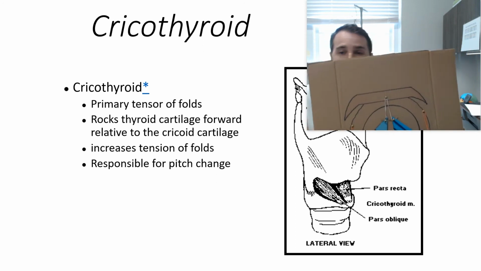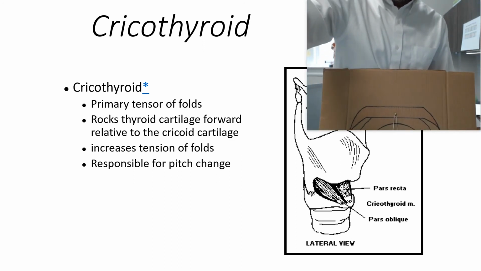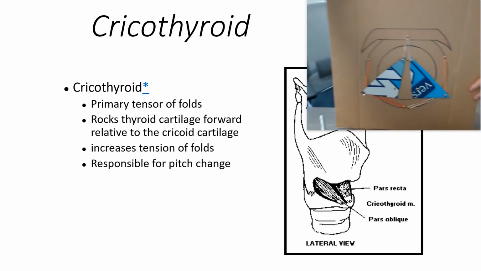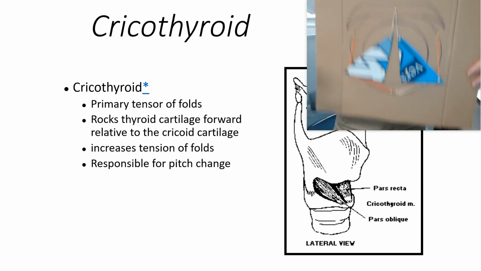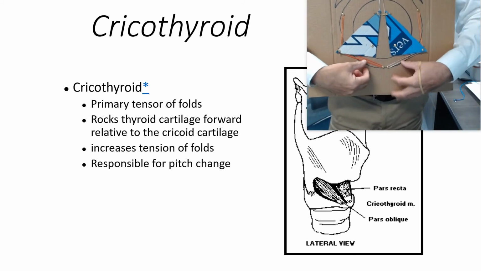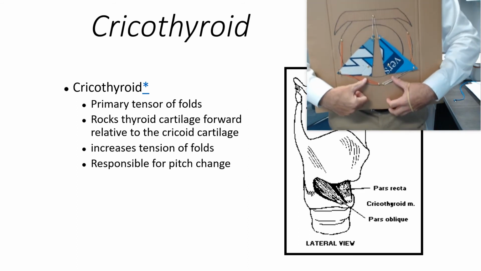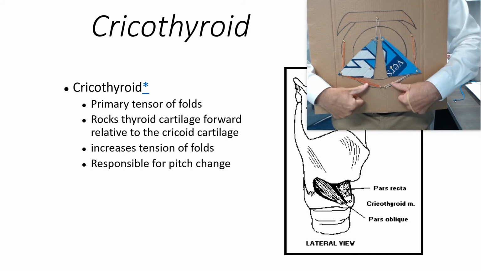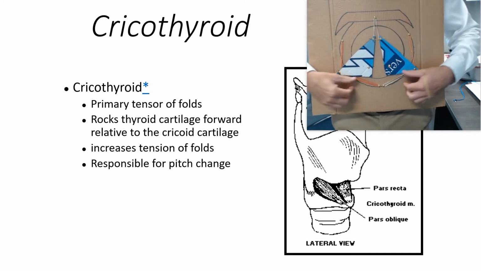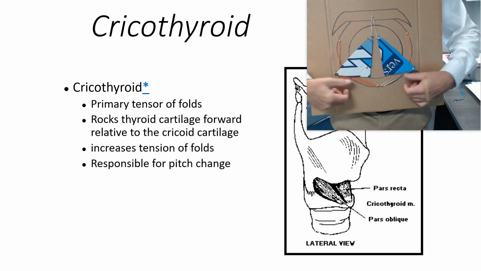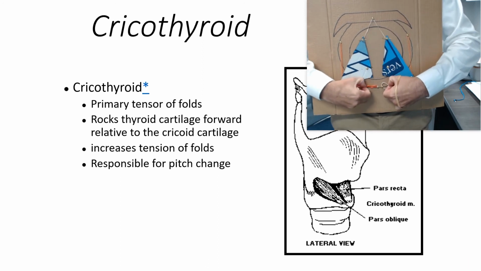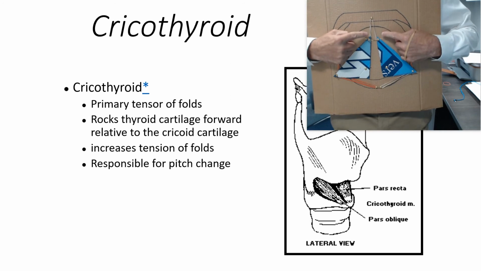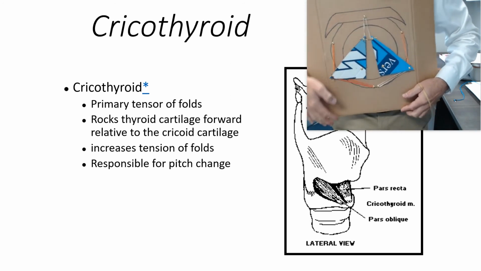So let me try to hold this where you can see it. So let's say our posterior cricoarytenoid. We're going to contract the posterior cricoarytenoid, which is going to pull these tips of the arytenoids like this. And you see that the tips that the vocal folds are attached to are pulled apart.